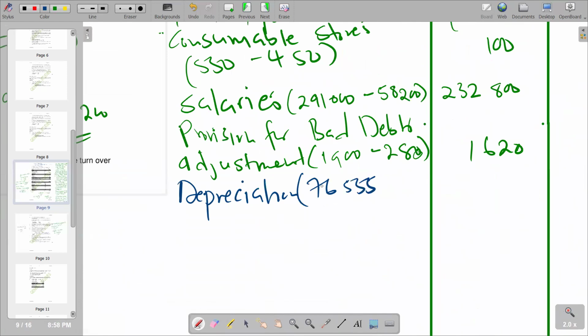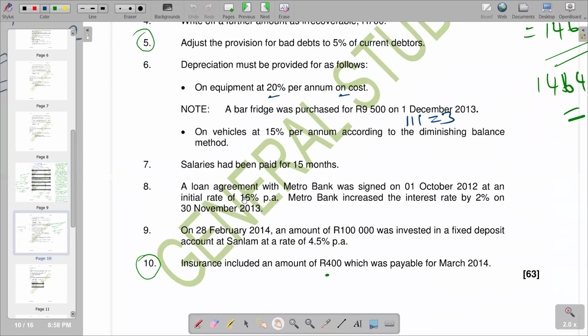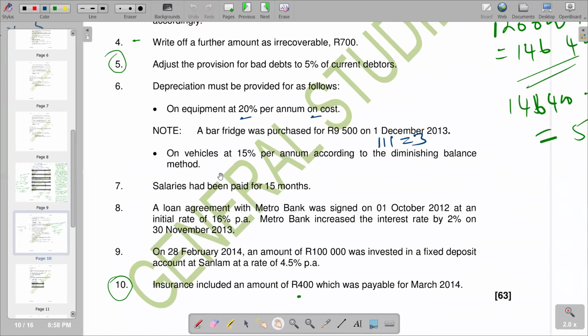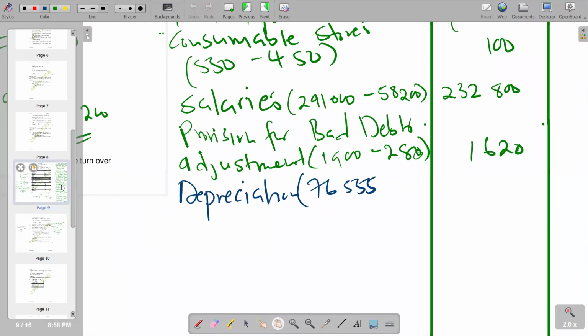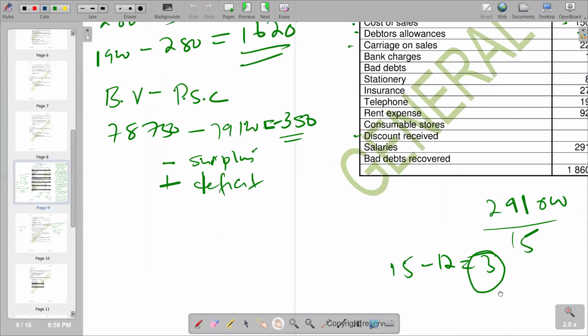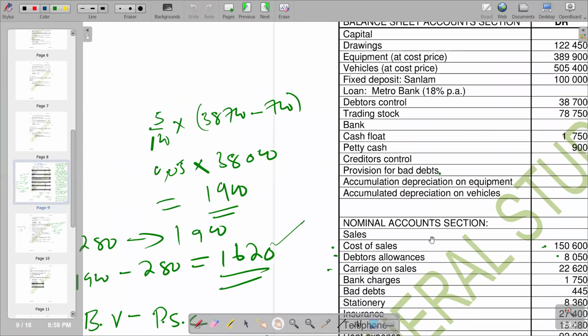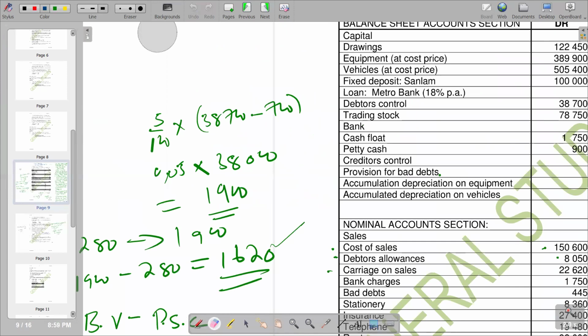And then we also have another non-current asset, and there we can refer back. Another non-current asset is vehicles. Vehicles are depreciated at 15% per annum according to the diminishing balance method. So we go there and try to calculate using the diminishing balance method.